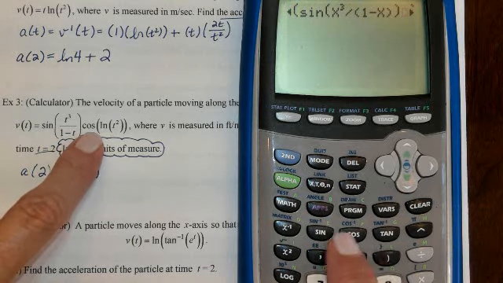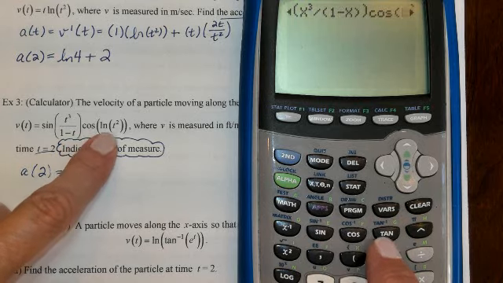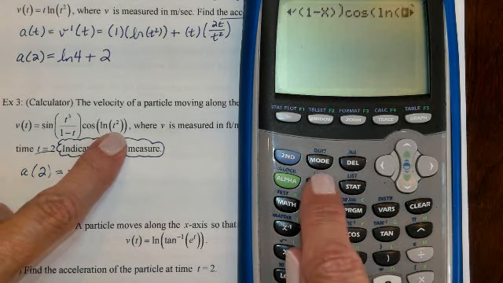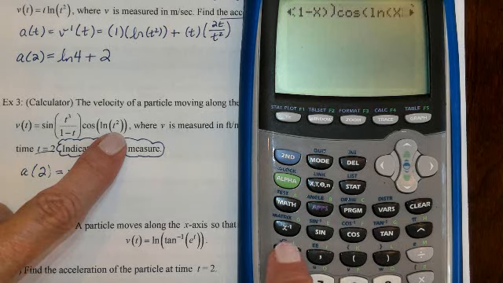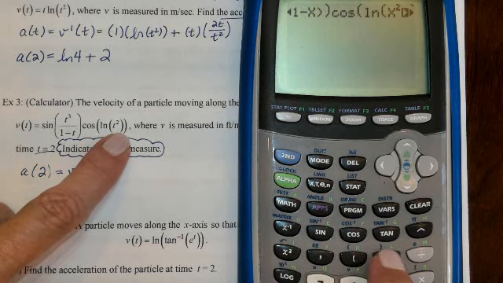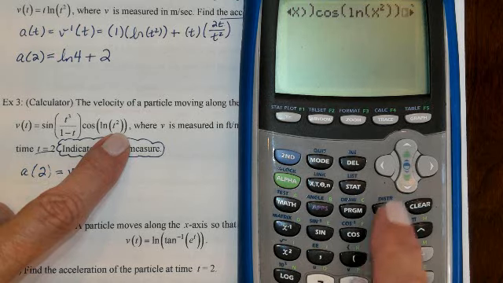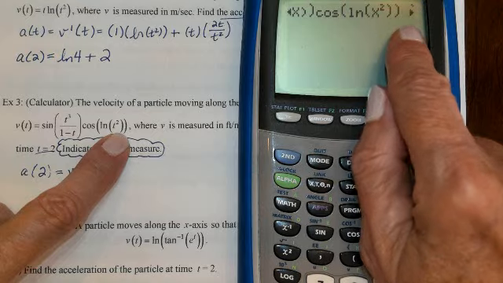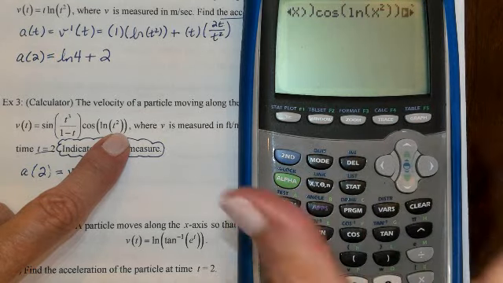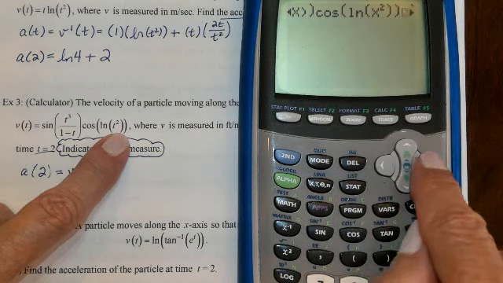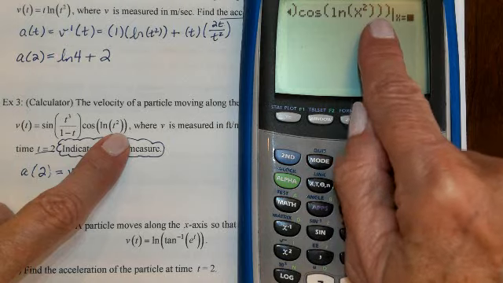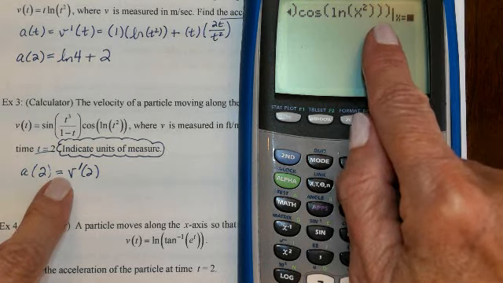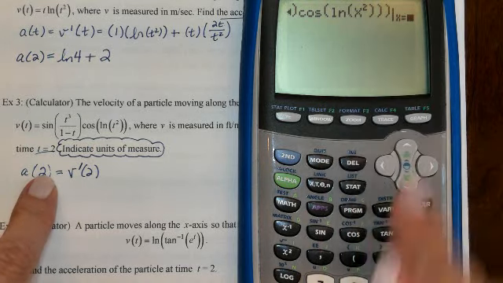Okay, and then cosine of natural log of t squared, so x squared, close your parentheses on natural log, and then close your parentheses on cosine. This other parenthesis that is out there, barely able to see it here, that's for the derivative in the calculator, so that will be automatic. Okay. And now we want to evaluate this when x is 2.